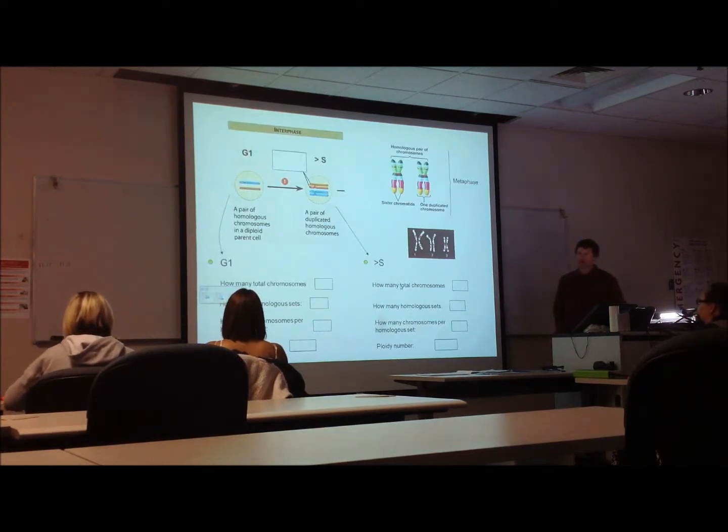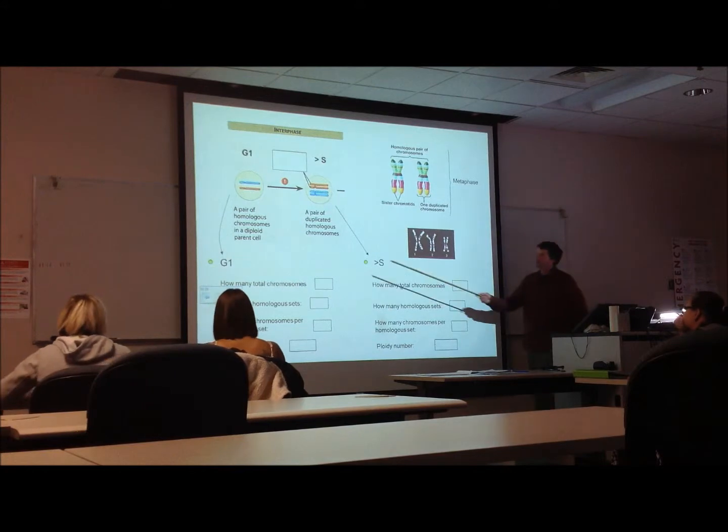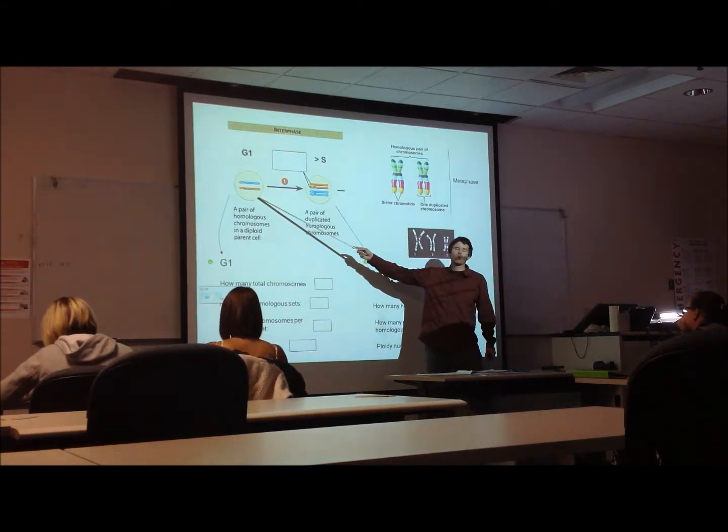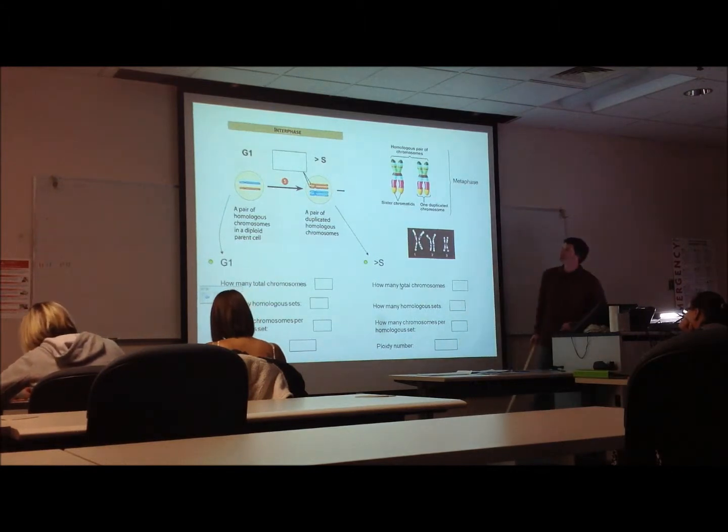Okay, let's just make sure we have a handle on this. This can either be a somatic cell, or it can be a germ cell, which is a precursor to a sperm or an egg.